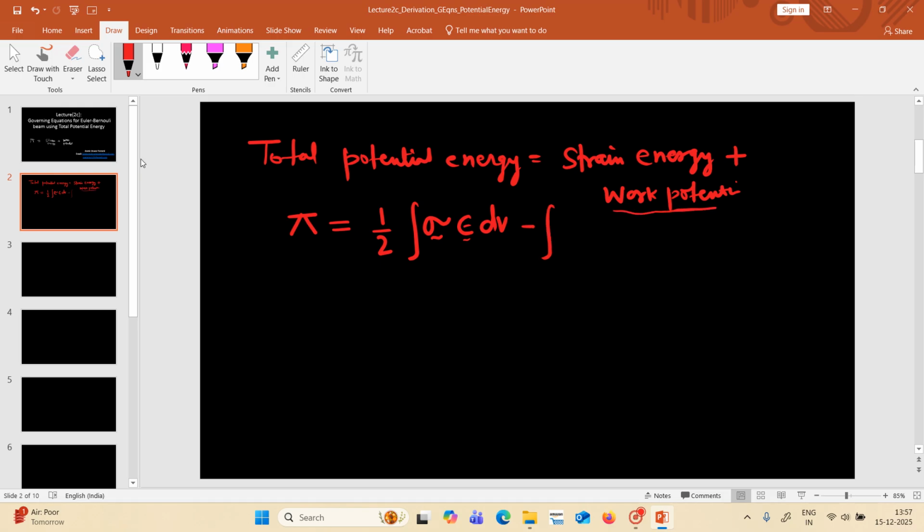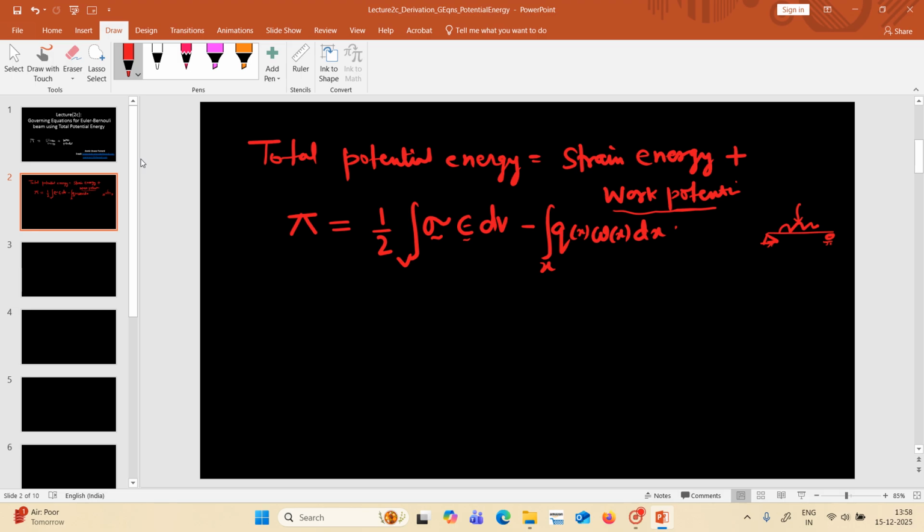So what would be the external work done of a beam? The work done would be the integral from x0 to L of the load q of x into the corresponding displacement w, dx. Yes, and here it is a volume integral. That is the total potential energy.